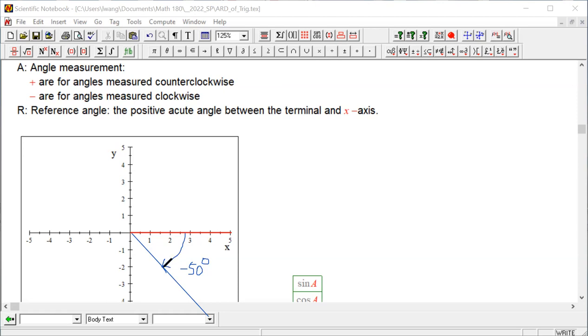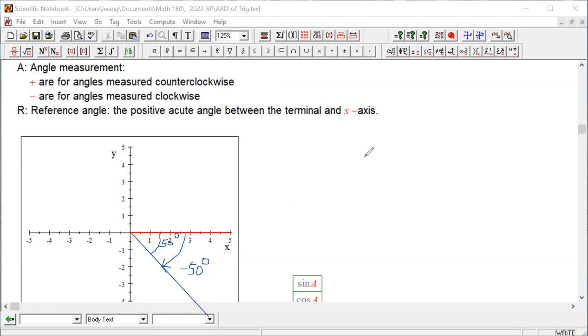It's measured clockwise. What would be the reference angle between the terminal and the x-axis, the positive acute angle between terminal and x-axis? The reference angle for negative 50 degrees is going to be 50 degrees. So this is the definition of reference angle.